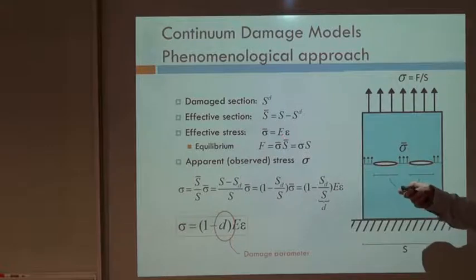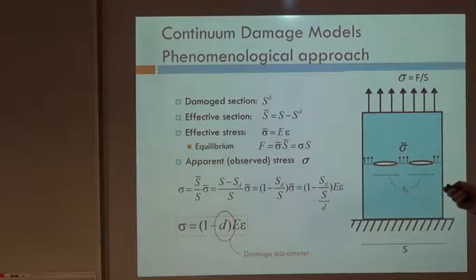So the stress, sigma bar, is proportional to the strain through the elastic modulus E. That's a simplification; we could make the Poisson ratio intervene and so on. We are doing it simpler. I'm just trying to make a phenomenological approach.